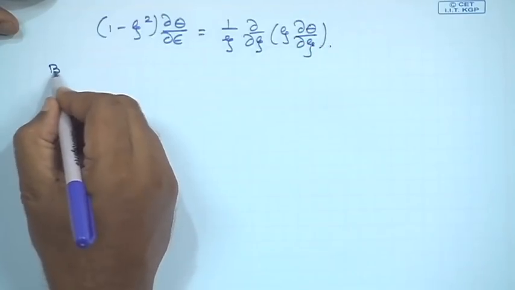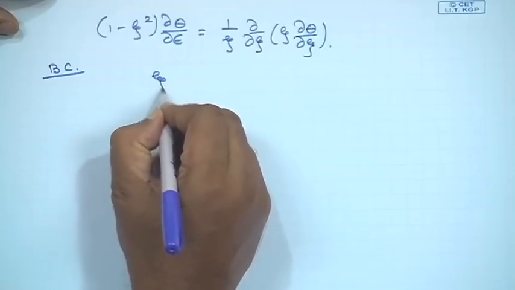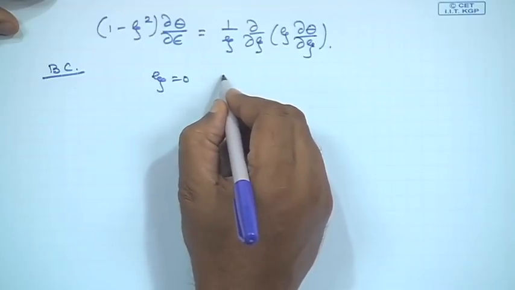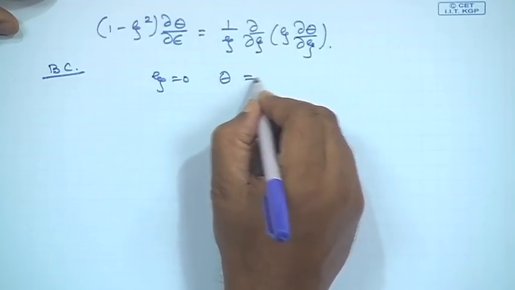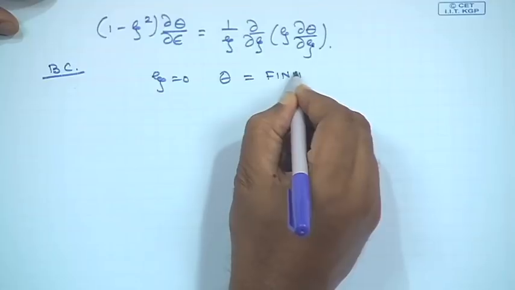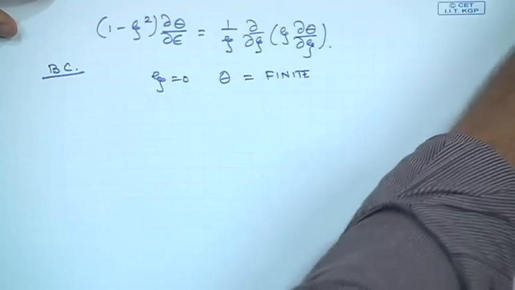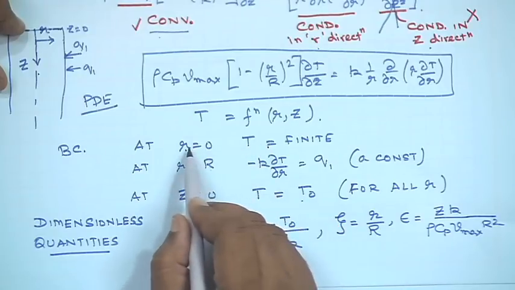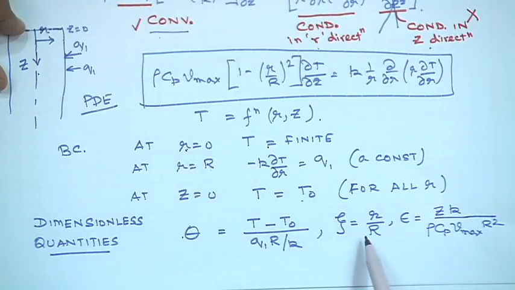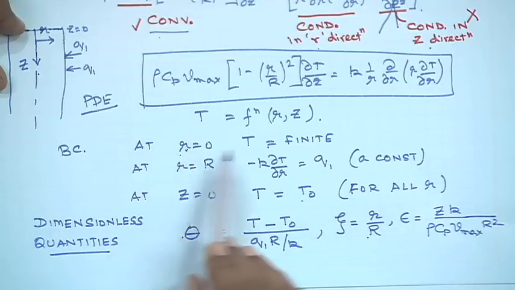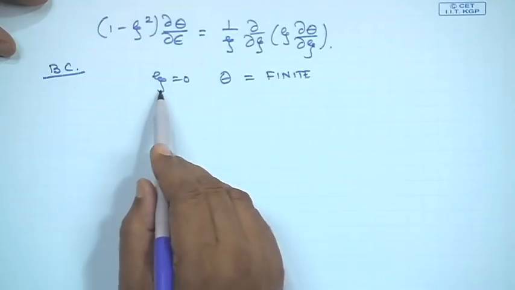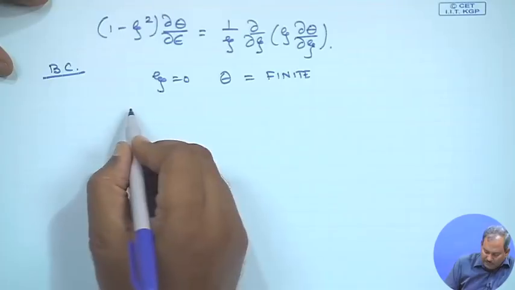And the changed boundary conditions are at zeta equals 0, that means at the center line, your temperature, the dimensionless temperature, is finite. So, please refer to this. At R equals 0, T is finite, the dimensionless form of R is zeta. So, therefore, at zeta equals 0, T, the dimensionless form of which is theta, theta must be finite, and that is what I have written over here. At zeta equals 0, theta is finite.